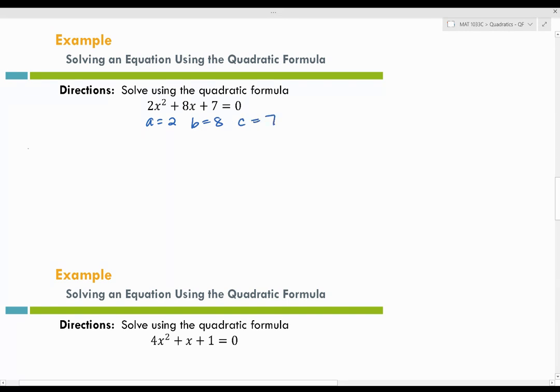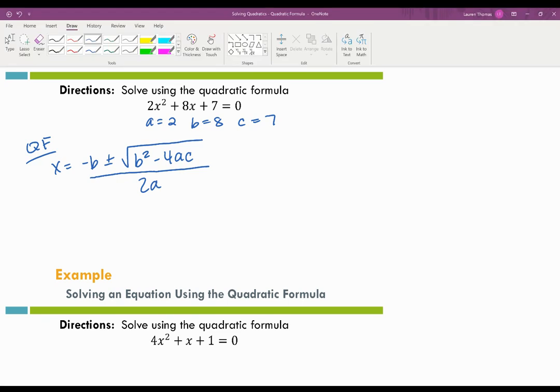And we're going to plug that into the quadratic formula, which is x equals negative b plus or minus the square root of b squared minus 4ac all over 2a. And we're going to plug those values in.